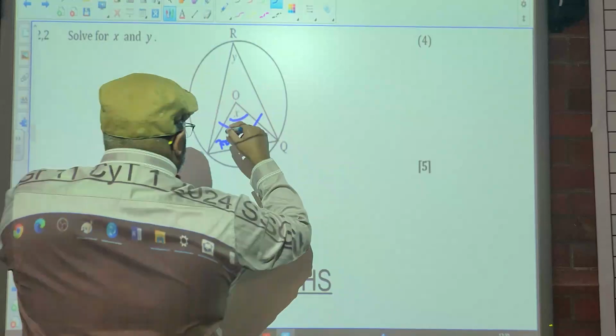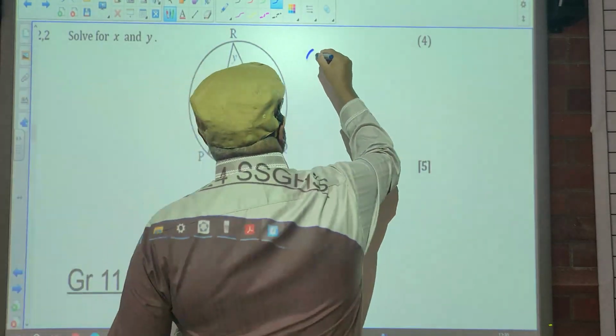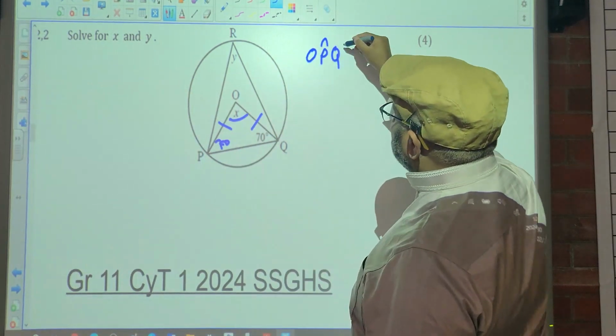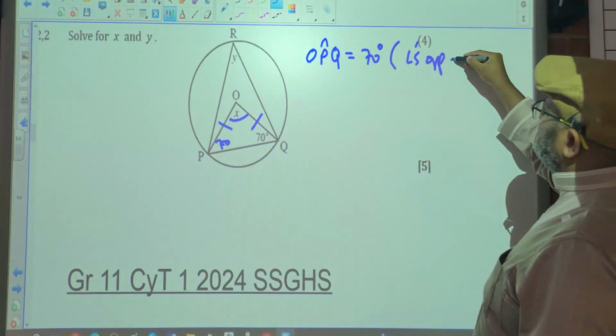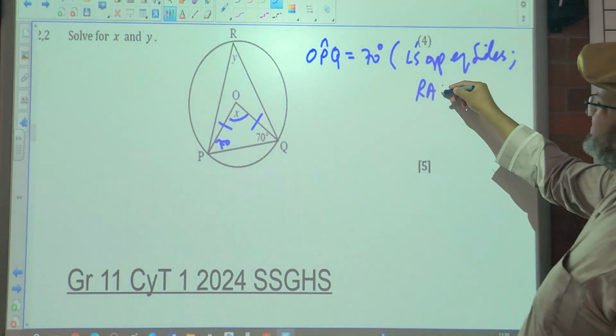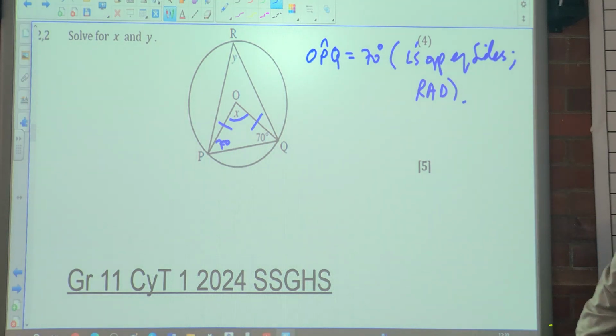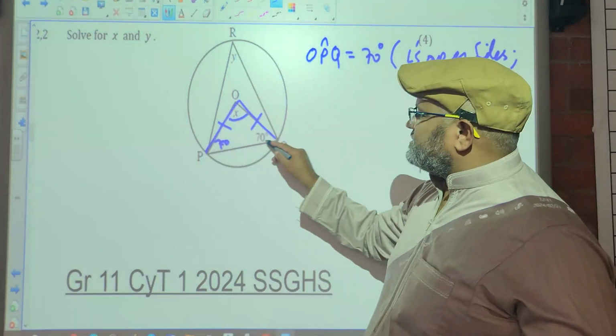Can I just go in and say sum of triangles? No. We must first say that OPQ is equal to 70 degrees. Why? Angles opposite equal sides, and we must say it's a radius. Now we can go sum of triangles, not so.